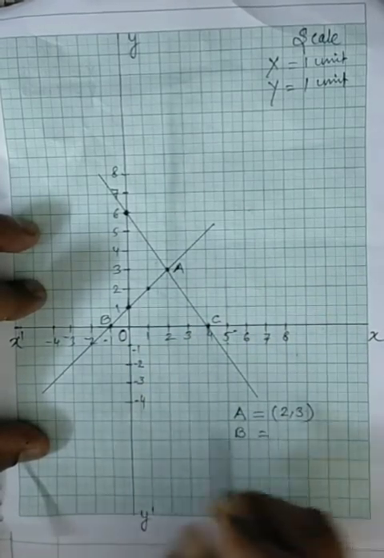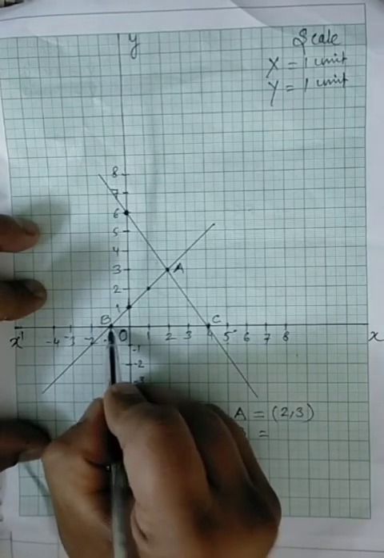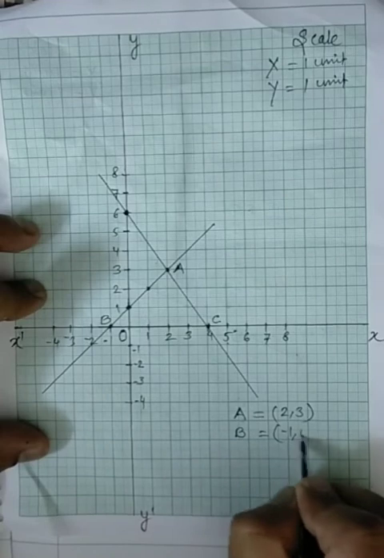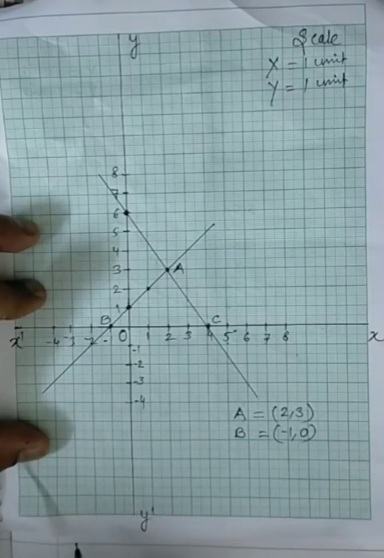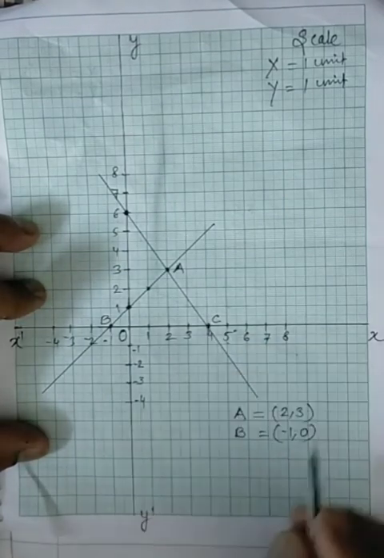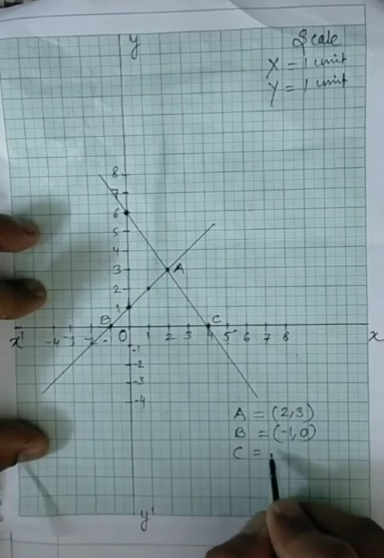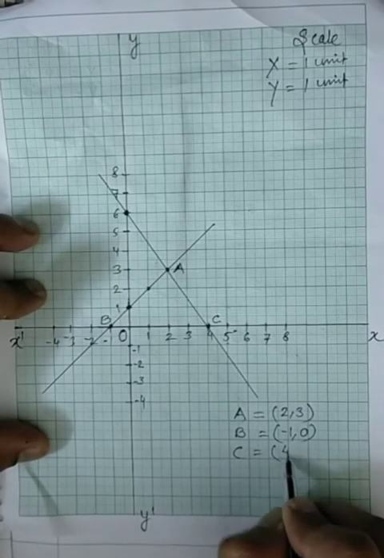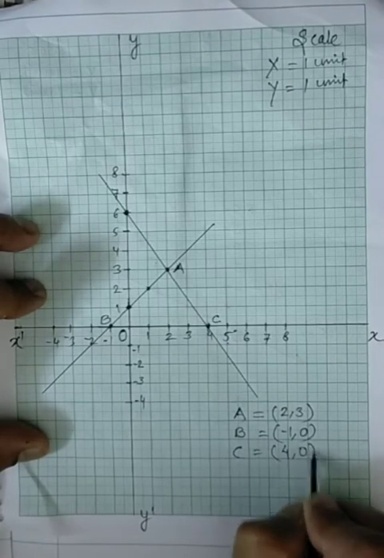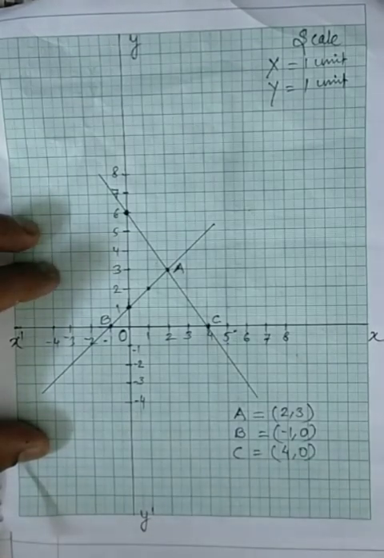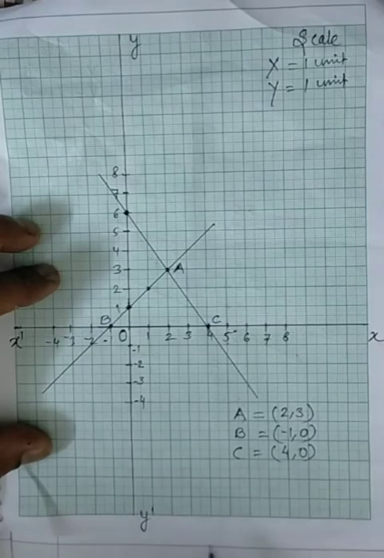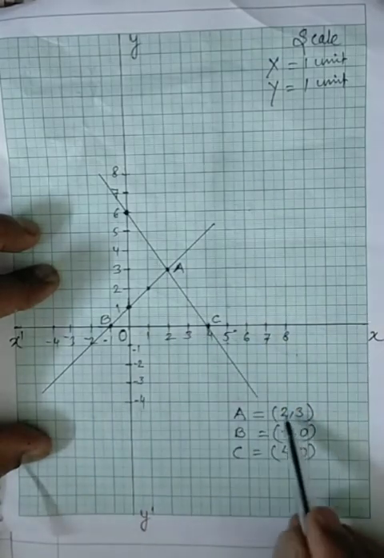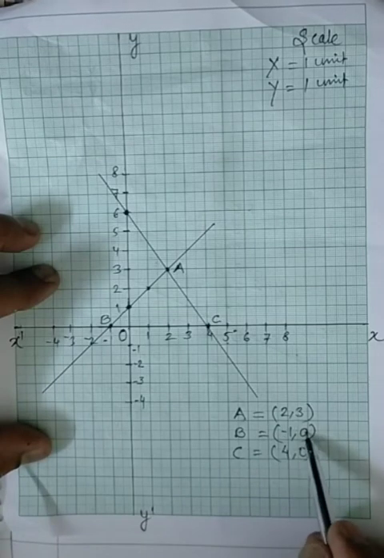Coordinates of B is equal to -1, 0. And coordinates of C is equal to 4, 0.